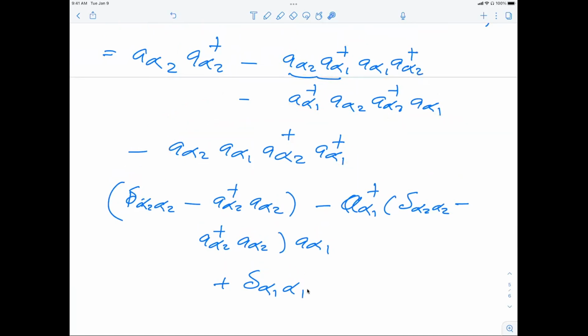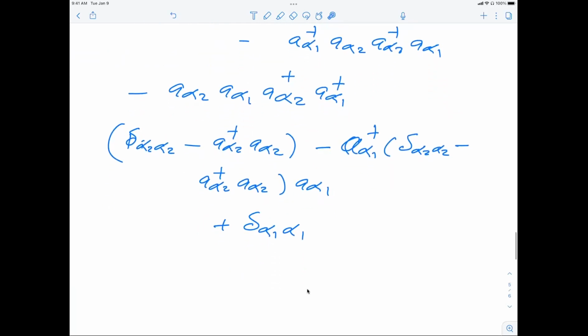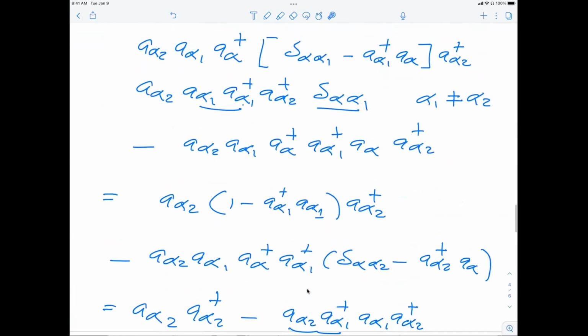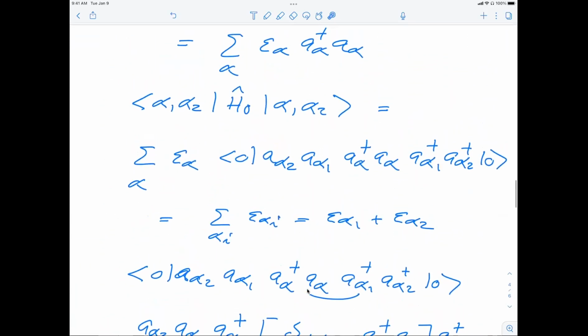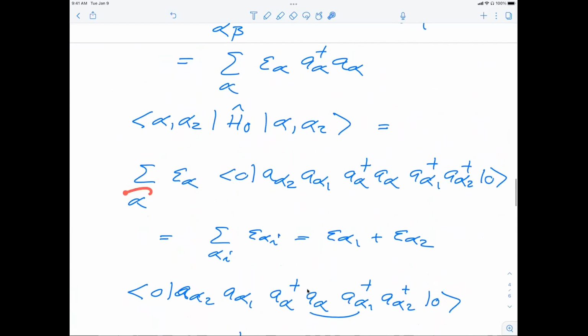So what I'm going to do first, I change these two, and then I get a alpha 2 here. Then I change alpha 2 with that one, and then I continue till I have alpha 1 to the other side. And when you collect all the things here, you will have a contribution from alpha 1 and alpha 2 only. And that means that alpha, which we put up here, is in one case equal to alpha 1, and in the other case equal to alpha 2.